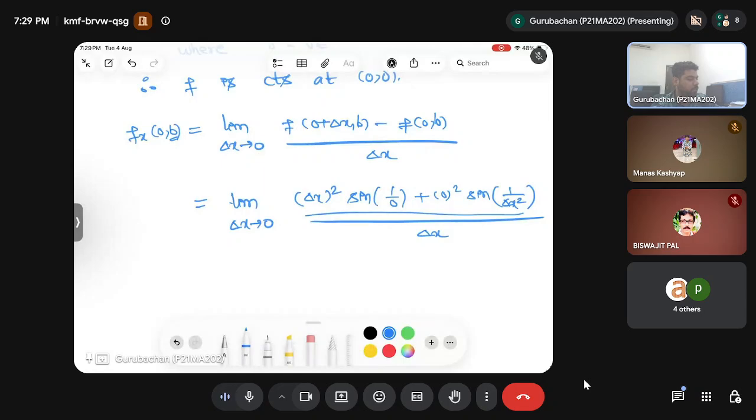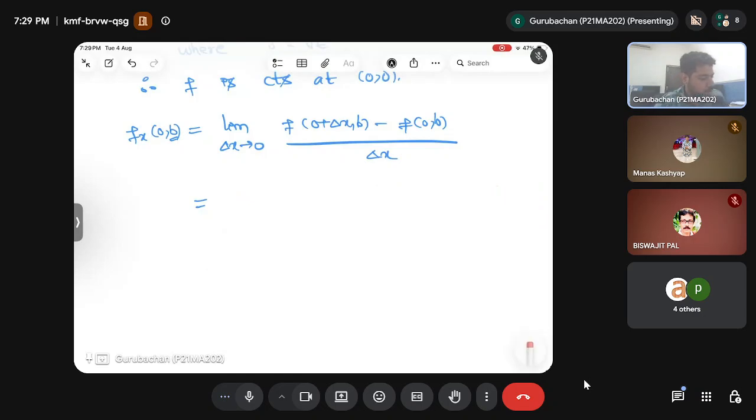Anybody has any confusion? Please ask me. So what will be the case? If you see this kind of thing, this will be limit delta x tending to 0.